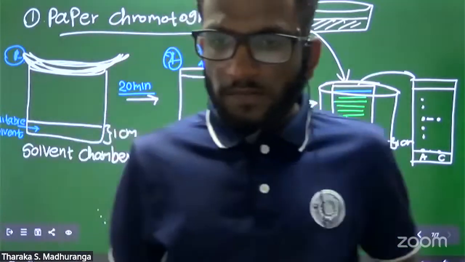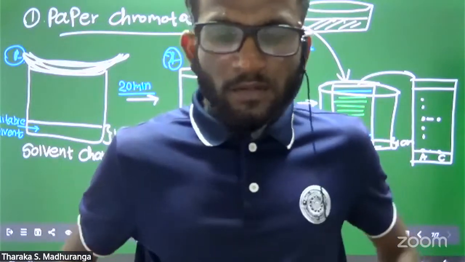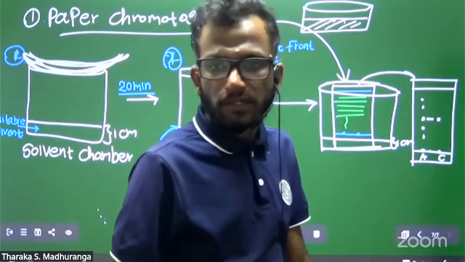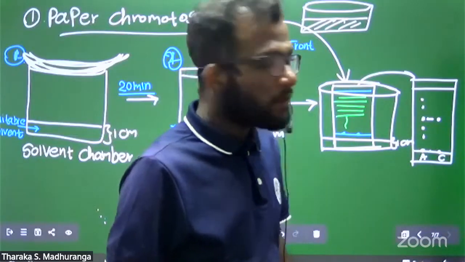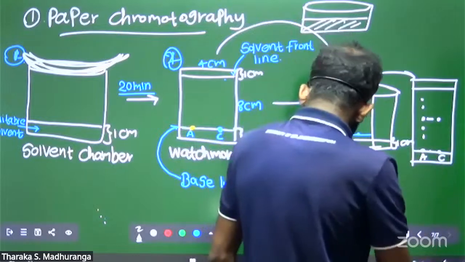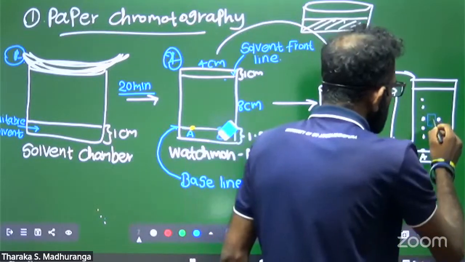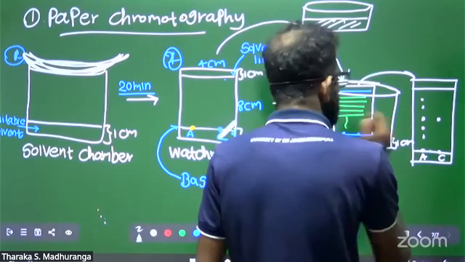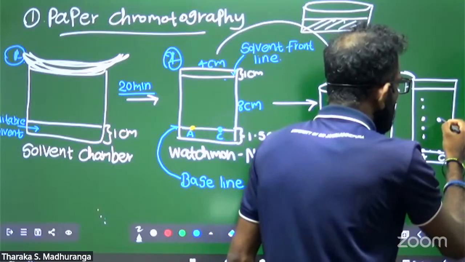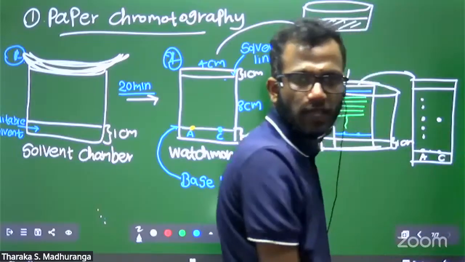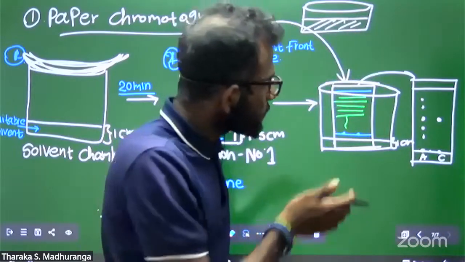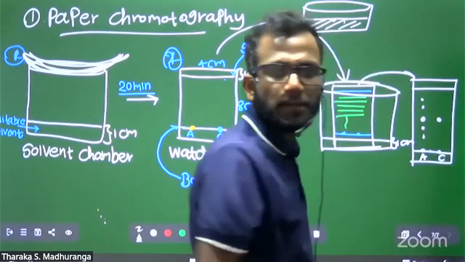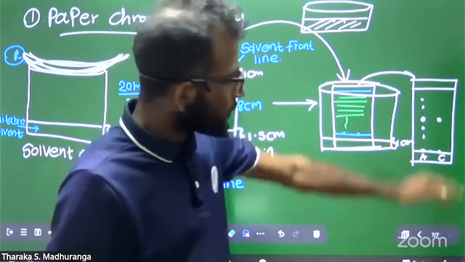If it comes like this, cinnamaldehyde is present. Why? The cinnamaldehyde moving distance is that. Can you see, there is one compound in the A sample at the same distance.